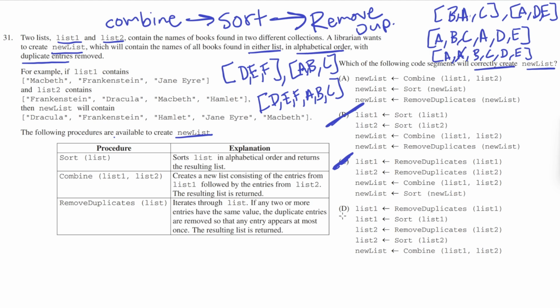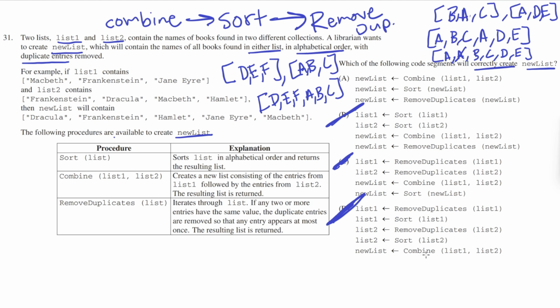Let's check answer choice D. D says to remove duplicates from list 1 and then sort it, and then remove duplicates from list 2 and then sort it, and then combine. Again, this D would neither be in alphabetical order nor have no duplicates. Because again, we're removing duplicates and sorting before we combine.